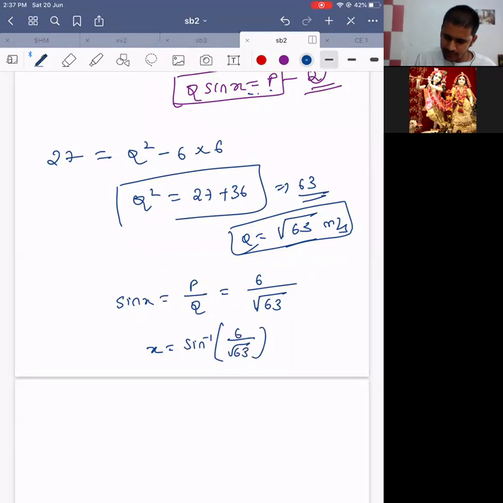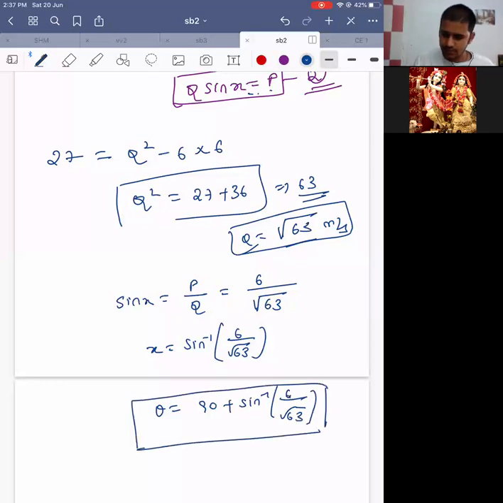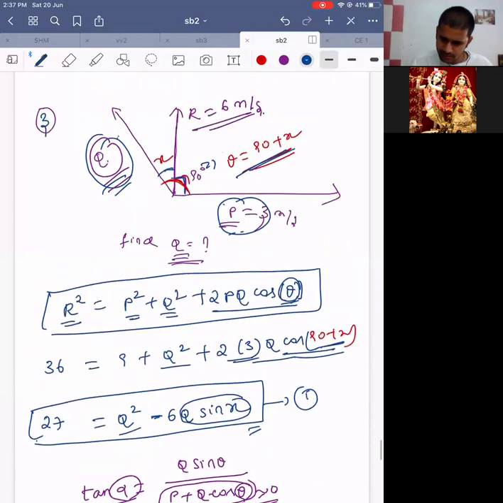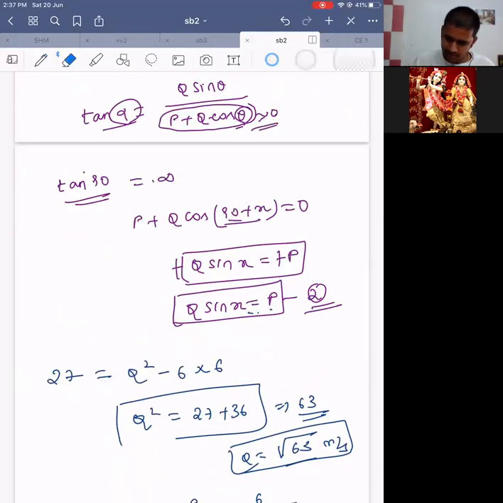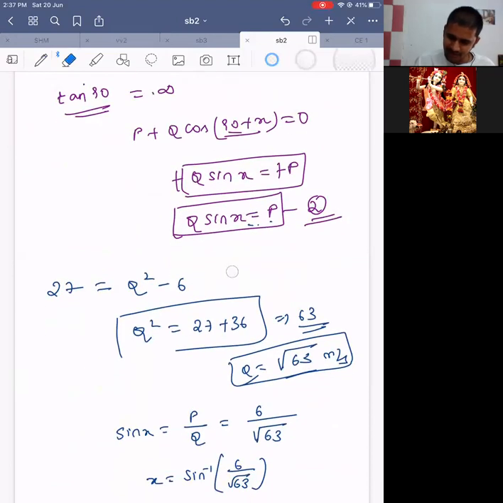So the total angle theta is equal to 90 plus sine inverse of 6 upon root 63. Okay, this is in degrees. Understand? Oh, wait a minute. P is 3 or 6? Oh, I'm sorry, sir. P is 3. Okay, fine. I'm sorry.